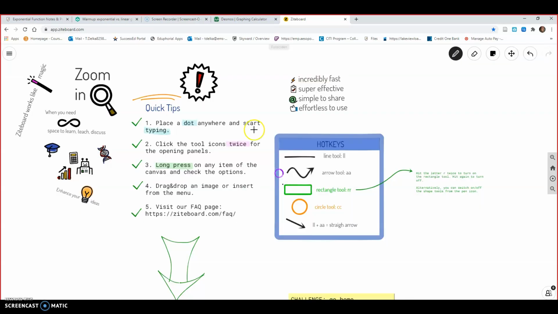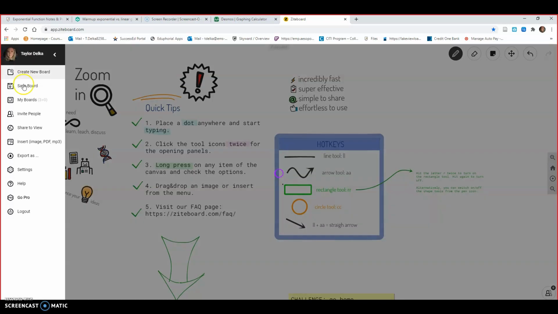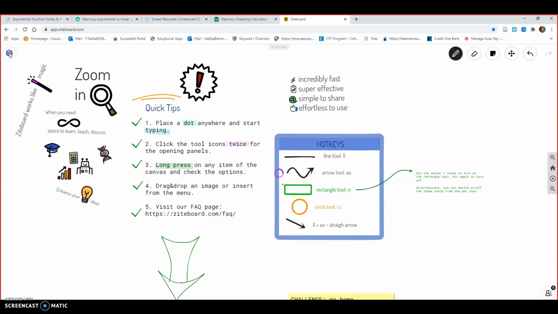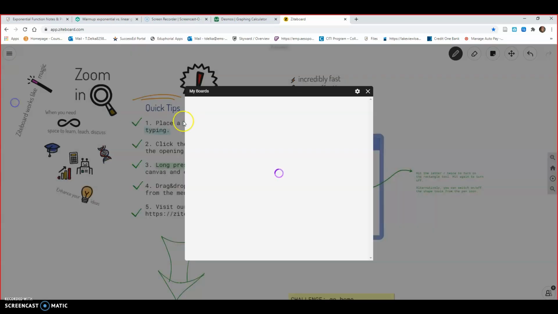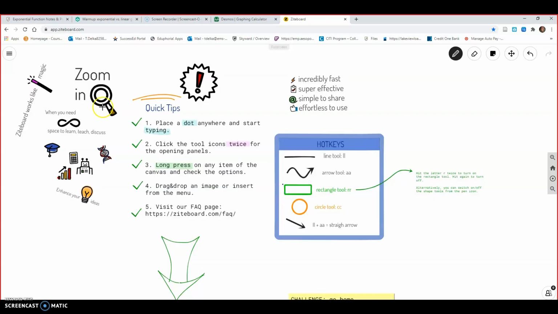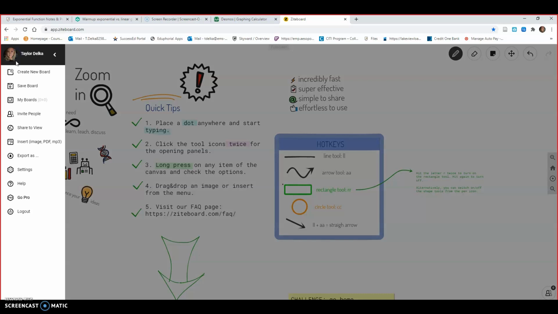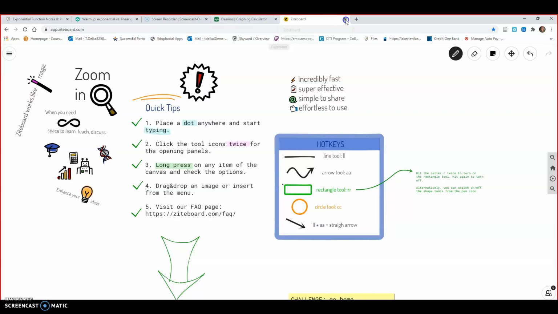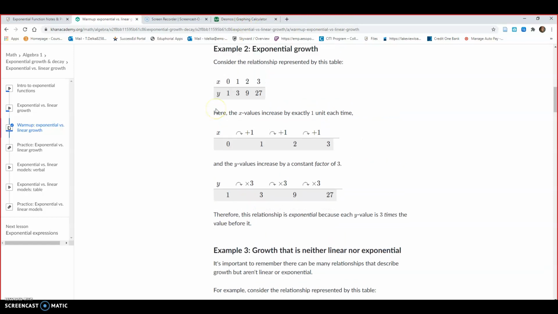Oh my goodness, it's going to take more time. It's basically wanting me to pay for this, and I don't want to pay for this. Okay, we'll just talk about it then for now.